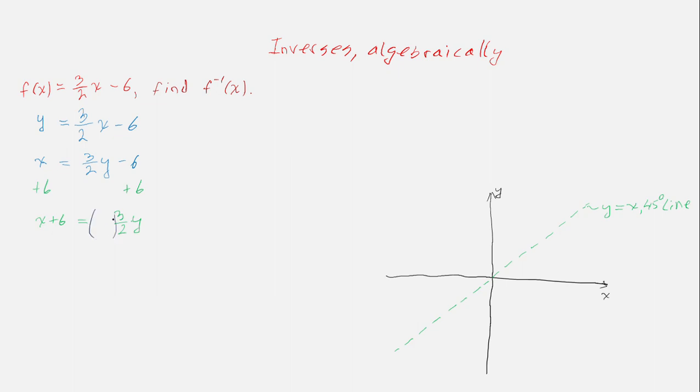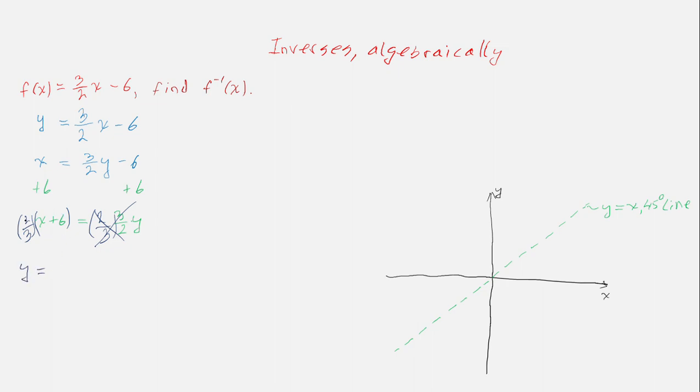But we could also just do this. We multiply the whole thing, both sides, by the reciprocal, 2 over 3, right? Now what happens here is these 3's divide, these 2's divide, so we really get y by itself, and I'll move it to the left hand side.